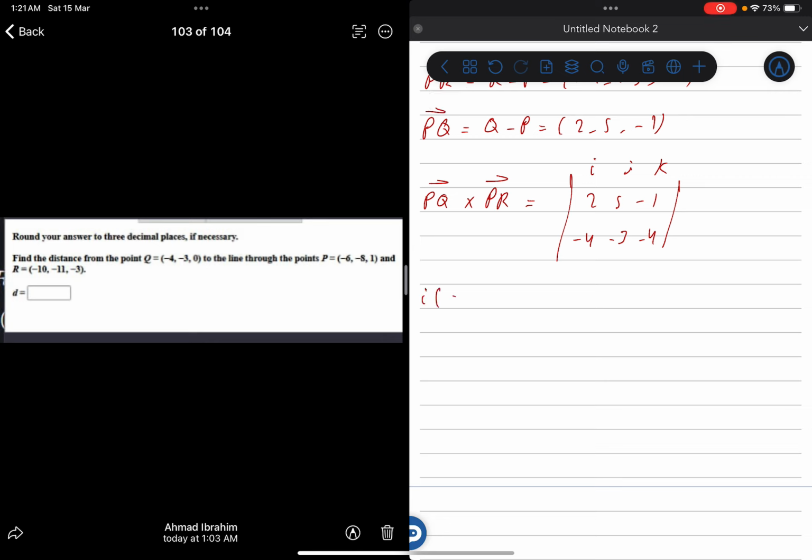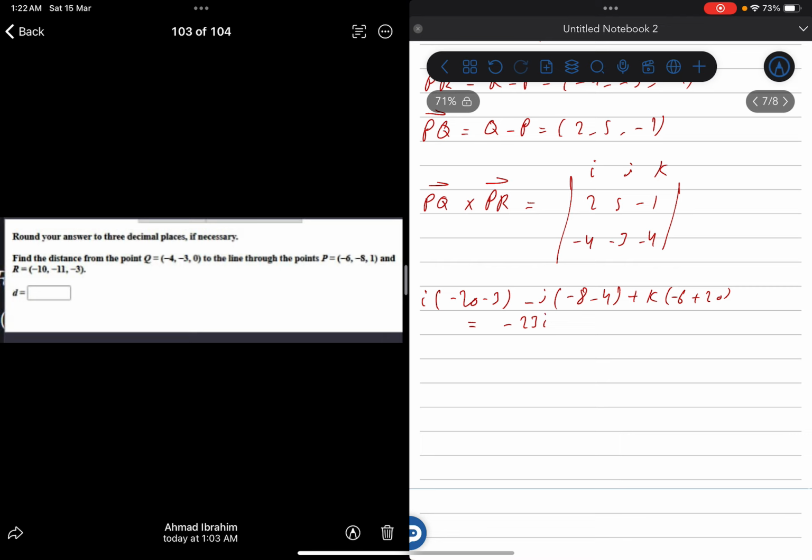It will be negative 23 I plus 2J plus 14K. It will be negative 23, 12, and 14.